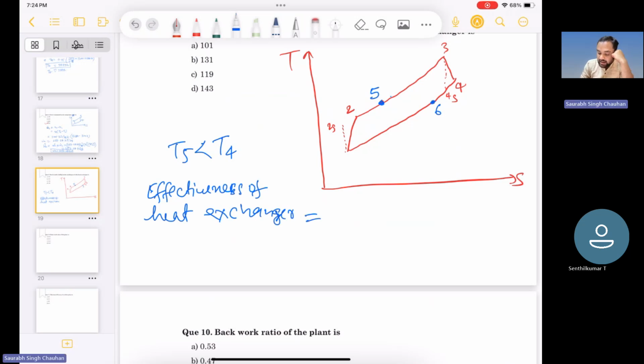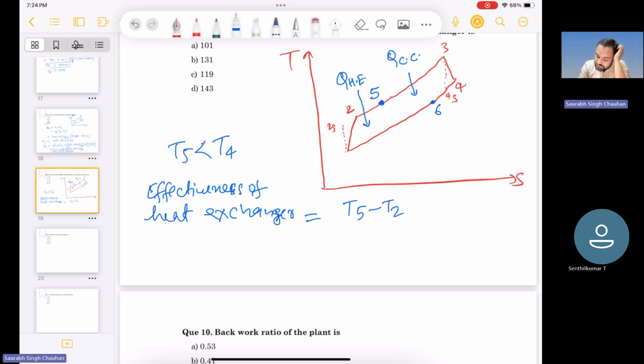is how much temperature is increased in the actual case. In our case, in the heat exchanger, it is T5 minus T2. This is the actual increase in temperature, correct? Here it is heat added in the heat exchanger, and 5 to 3 it is heat addition in combustion chamber.